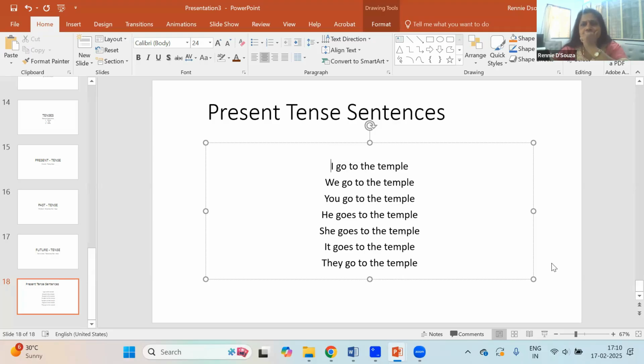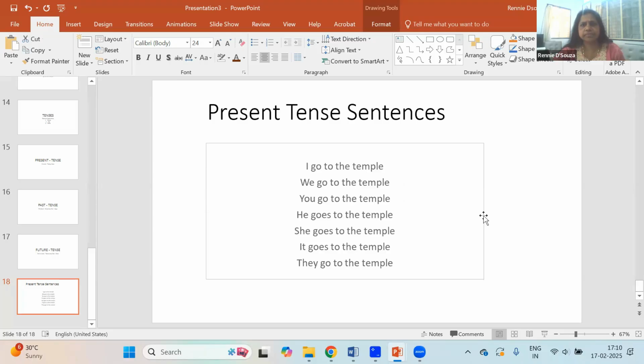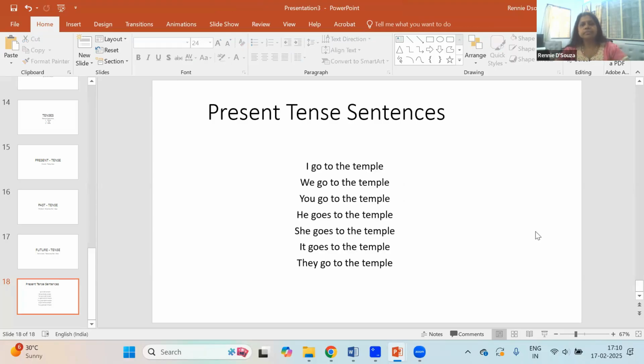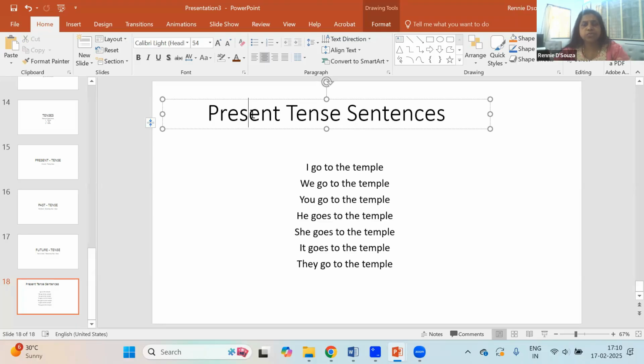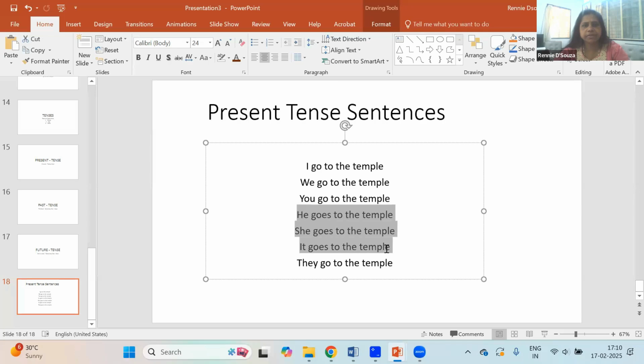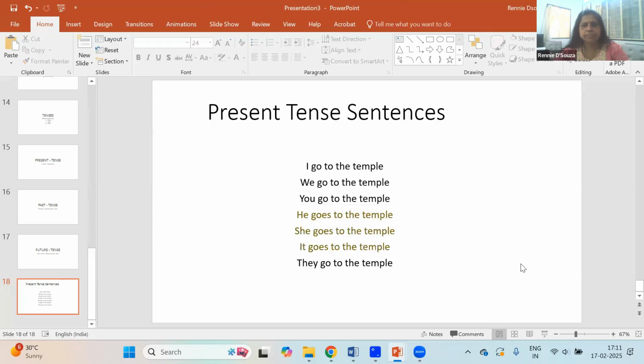So this is the significant thing we should understand in present tense. While forming a present tense sentence, we should take care of the third person singular, that is he, she and it, where we should add es to the verb. So it comes as he goes to the temple, she goes to the temple, and it goes to the temple.